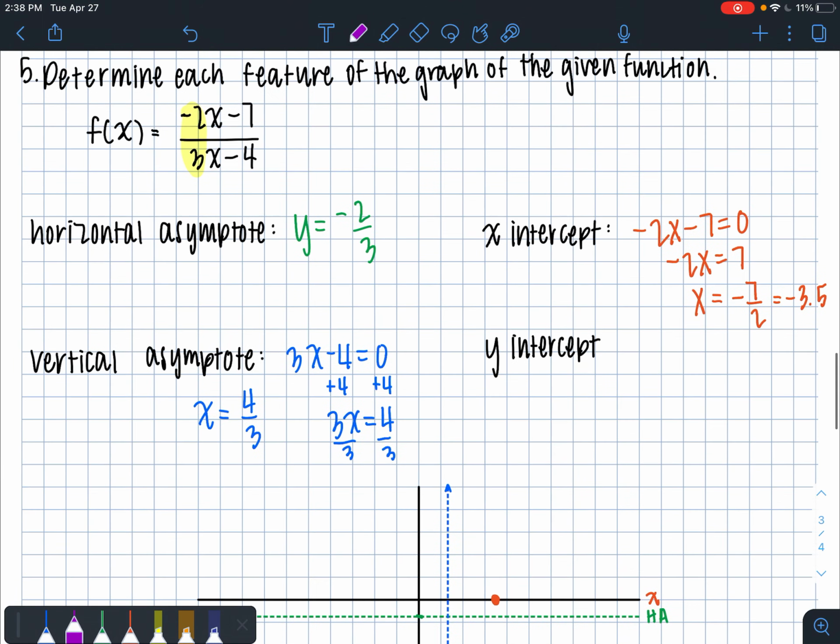The y-intercept, I will set all the x's equal to 0. So we get 7 over 4, which is a positive 1.75.